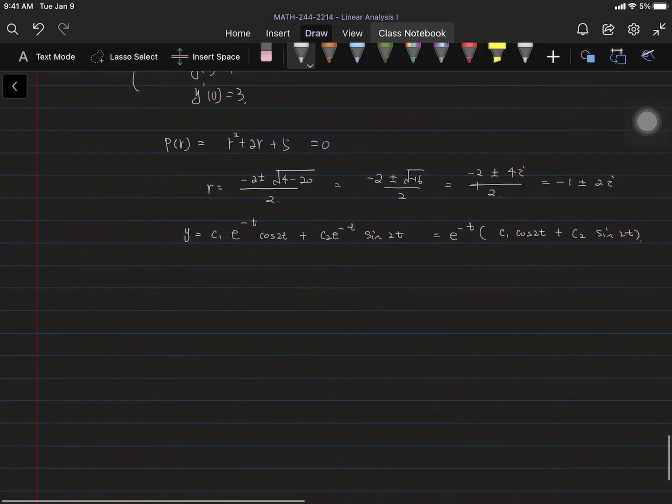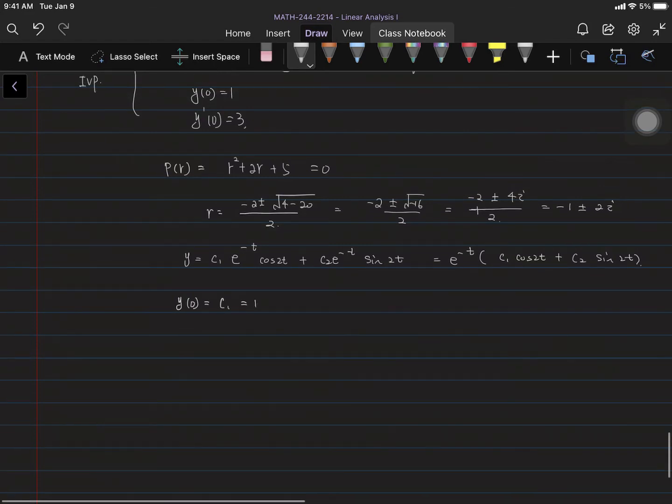Next, we want to use the initial conditions to find C1 and C2, same as before. So y(0) equals, plug in, it should be C1, which is given by 1. So C1 is 1. So our solution should be e to the negative t times (cosine 2t plus C2 sine 2t).